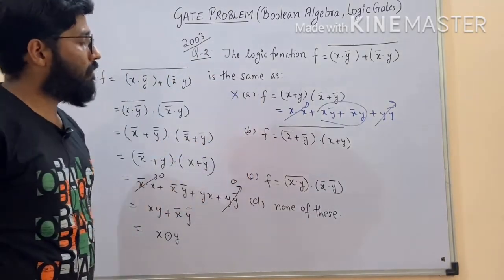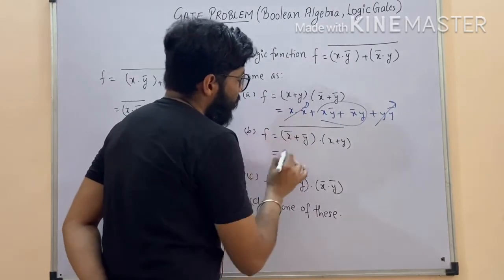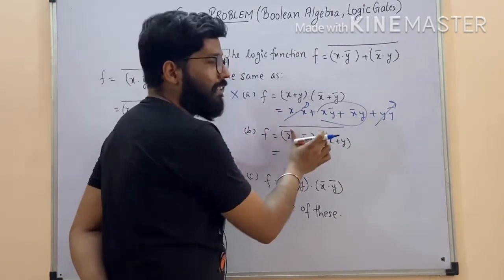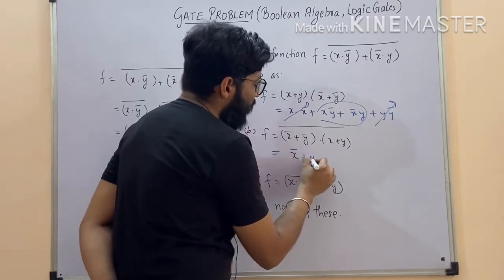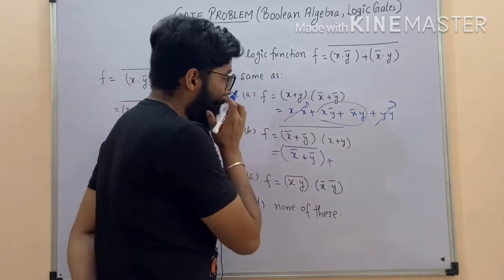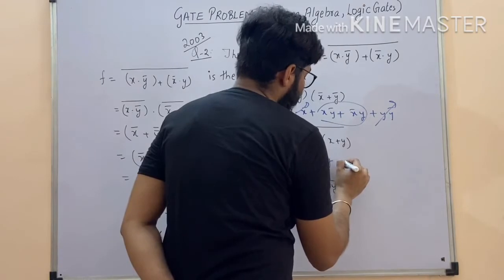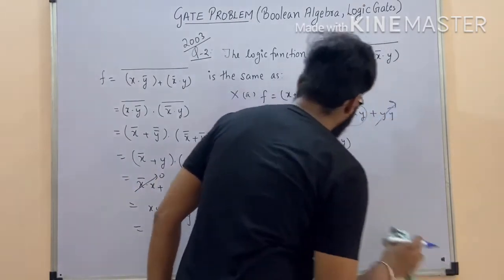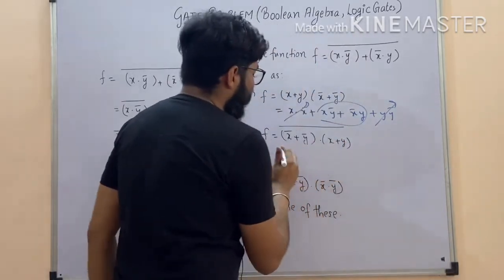Now you have to verify option B. You have to apply De Morgan's, break the line and change the sign. So x complement y complement, the whole complement, plus... firstly you have to simplify the inner side.